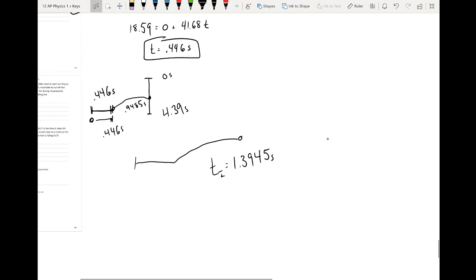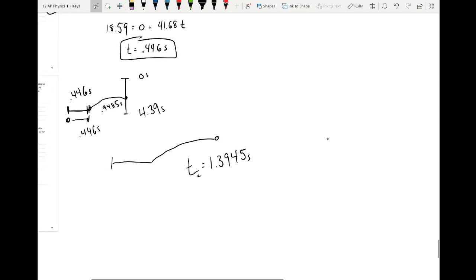So if they want to sync that up, when the man has fallen 4.39 seconds minus 1.39 seconds, so I guess 3, I could have done that in my head. So 3 seconds.